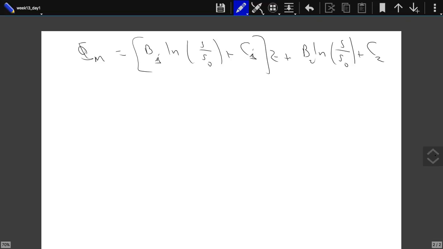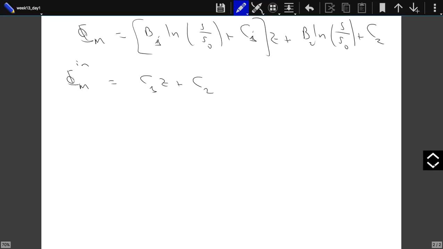Now let's see, how do we determine these values? So we will have to have phi_m inside my cylinder. Well, inside my cylinder, everything should be finite. So the logarithm term should be absent. So inside, I only have C_1 z plus C_2. Now, phi_m outside, I don't remember if we were already given the condition that B is constant outside.